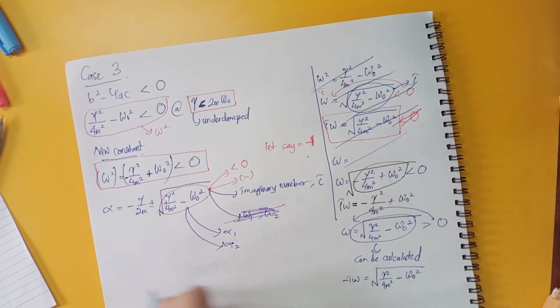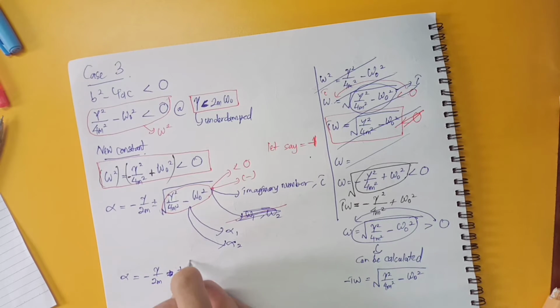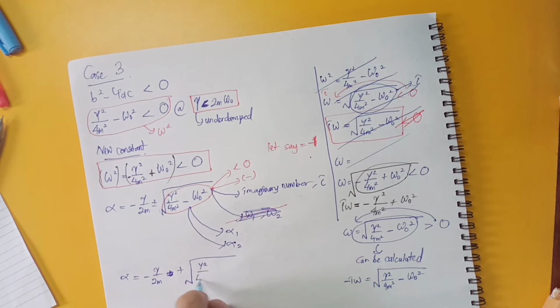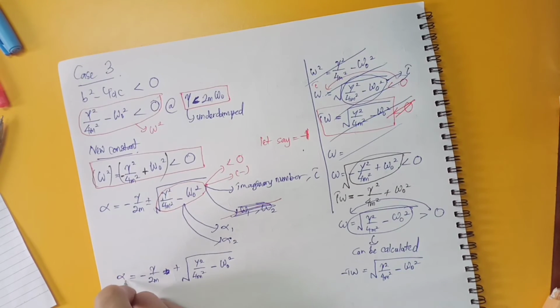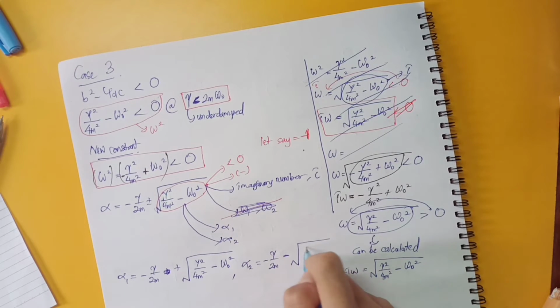So alpha is equal to negative gamma over 2m plus the square root of gamma square over 4m square minus omega naught square. This is alpha 1, and alpha 2 is equal to negative gamma over 2m minus the square root of gamma square over 4m square minus omega naught square.